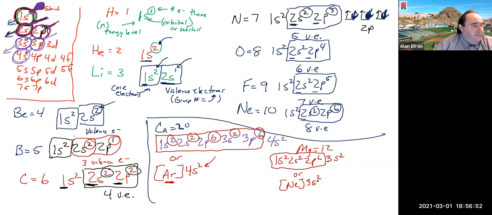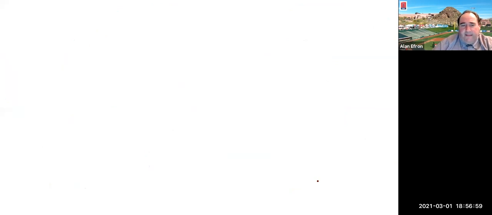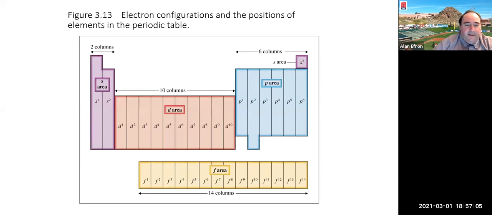Let's just talk about a couple more things to finish up, which hopefully will answer some of the questions people were asking. Earlier, somebody was asking where maybe the D block is. You can actually count off electron configuration from the periodic table if you know what you're doing.